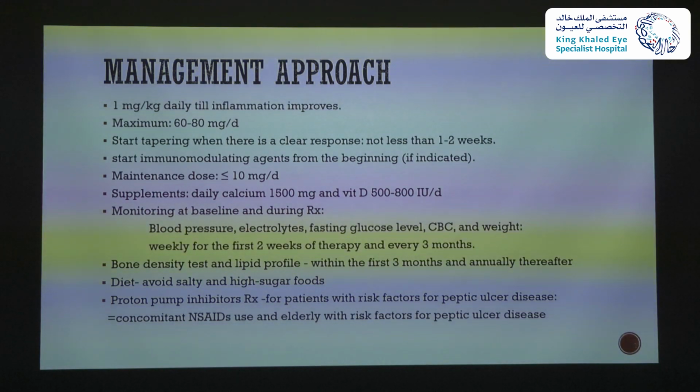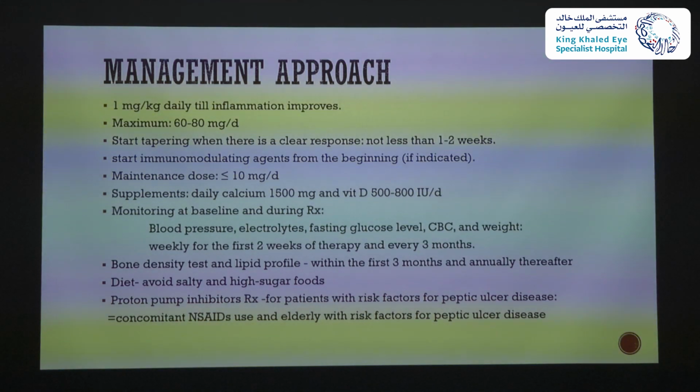Also, if indicated, it is better to start immunomodulating agents from the beginning, not waiting as some doctors do. Also, the aim of the maintenance dose should be equal to or less than 10 milligram per day.